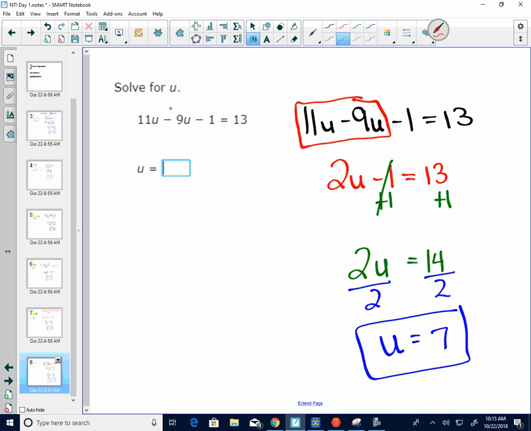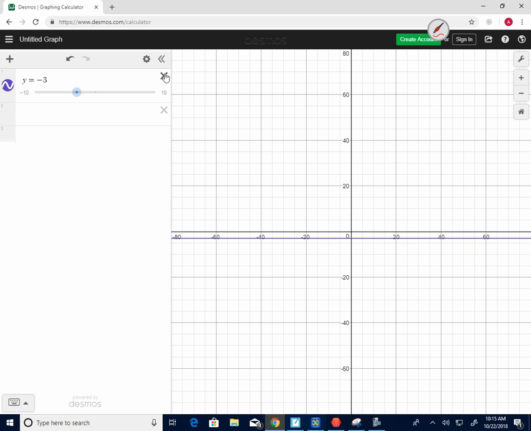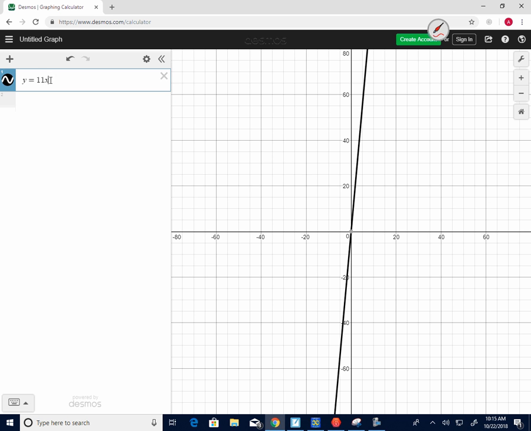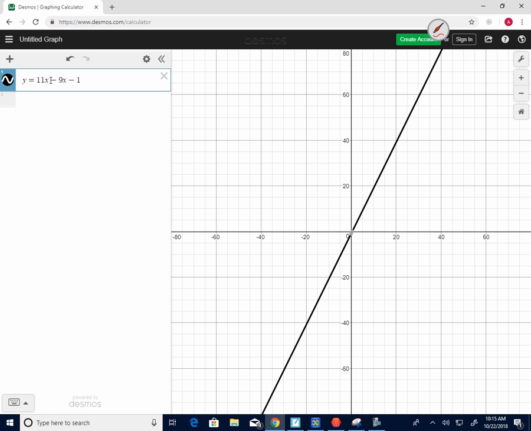I'll show this one in the calculator as well. I'm going to type everything before the equal sign in y1, everything after the equal sign in y2, changing the u's, remember, to x's. So go to my calculator, clear it out. Have to type y equals, and it was 11u, so it's going to change to 11x, minus 9x, minus 1.